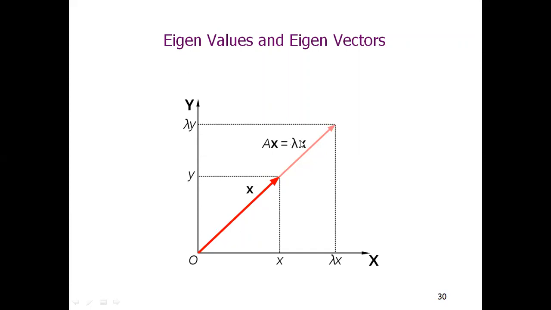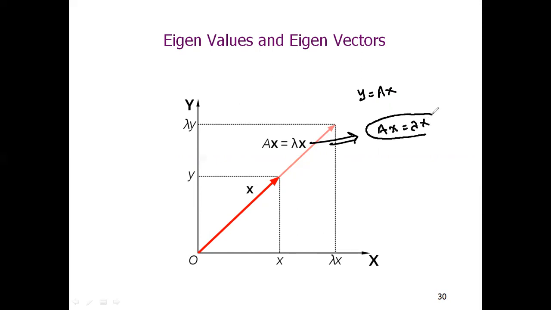We know that in a linear transformation, we have something like y is equal to Ax. Yes or no? So I write, instead of y, lambda x. So I am getting Ax is equal to lambda x.